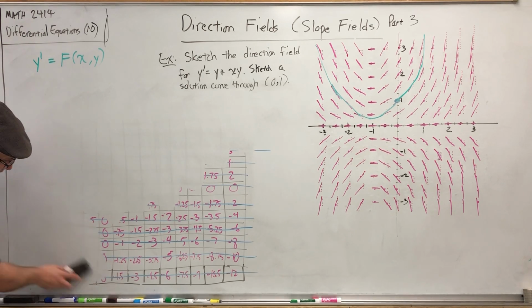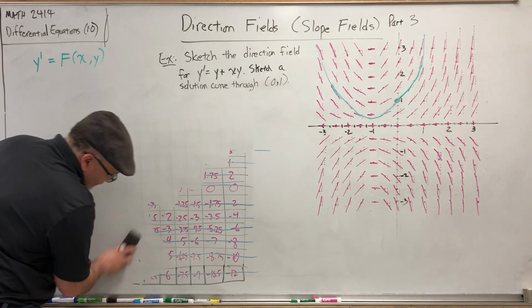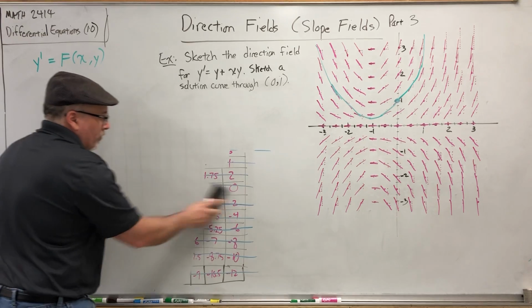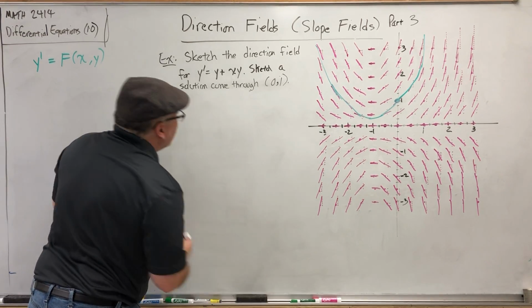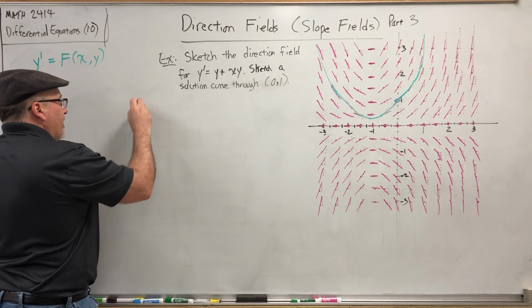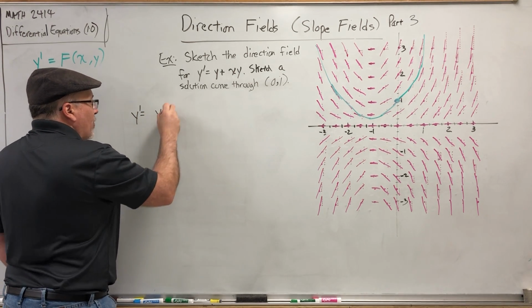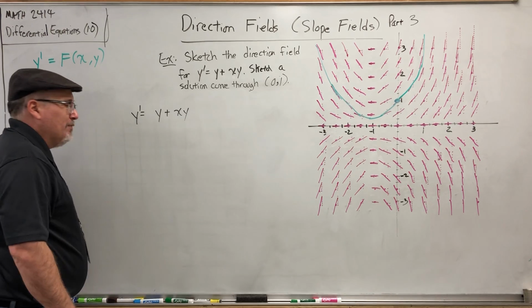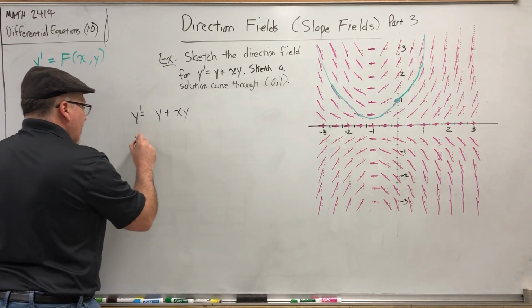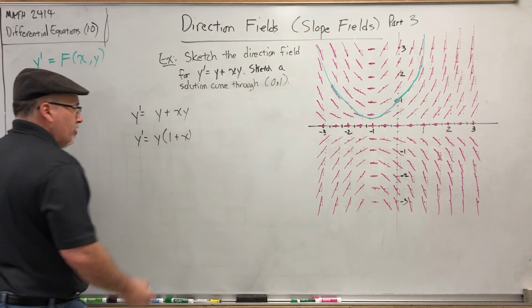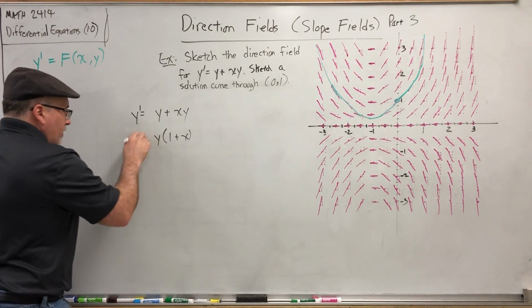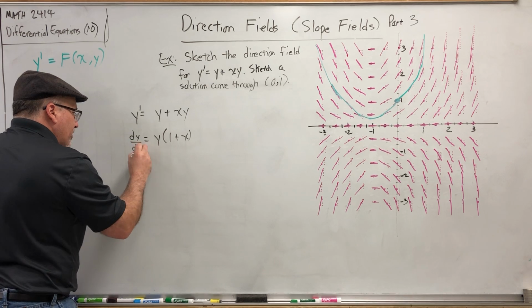I don't know if any of you thought that when I first wrote the differential equation, but it is separable, meaning that the derivative's function can be written as a product of a function of x and a function of y. How? By simply factoring out a y. Y prime equals y times (1 plus x). So this is separable. So let's separate it and solve it real quick.